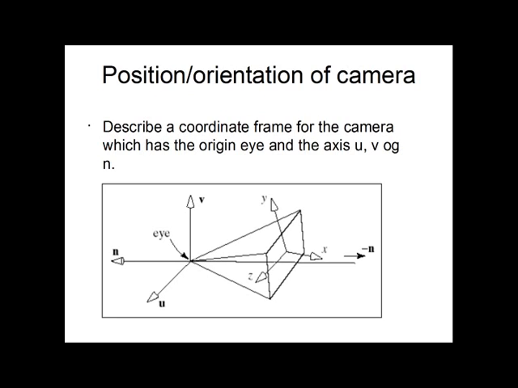So here we have this local coordinate frame of the camera, where the point of origin for this coordinate frame is called I, and then we have the u, v, and n vectors, which are basically the x, y, and z axes for this local coordinate frame.